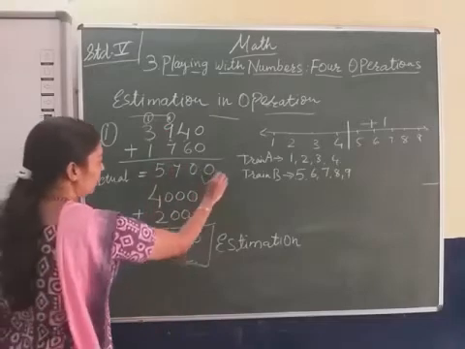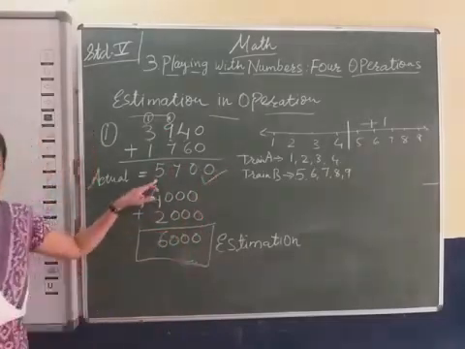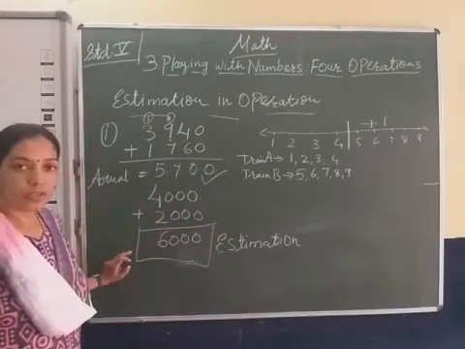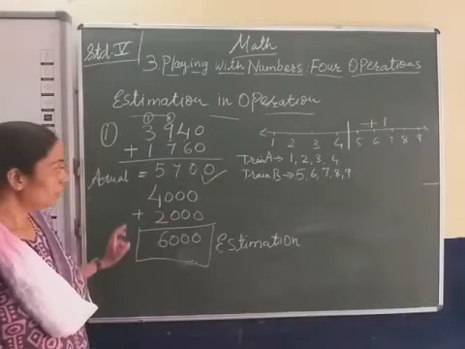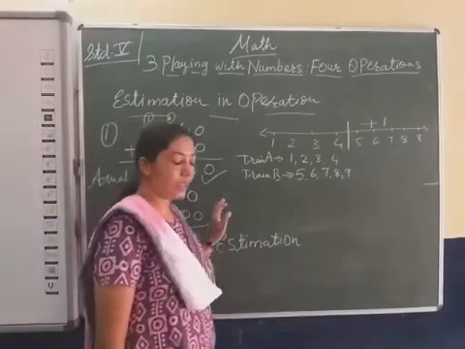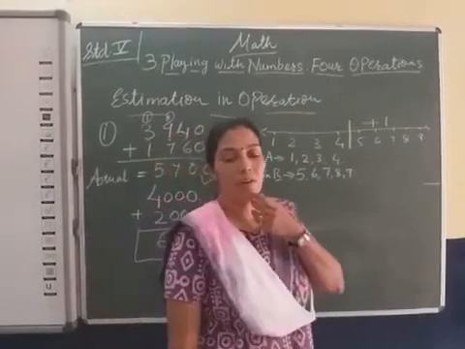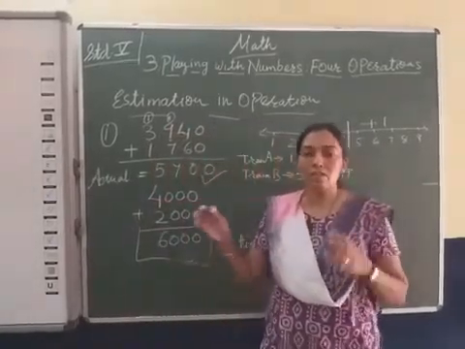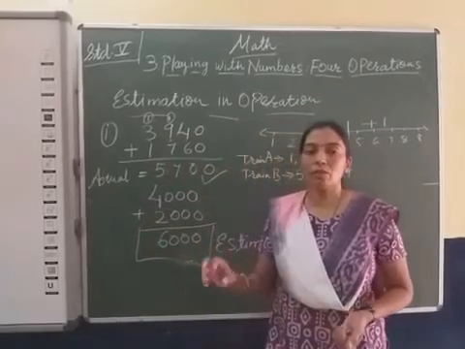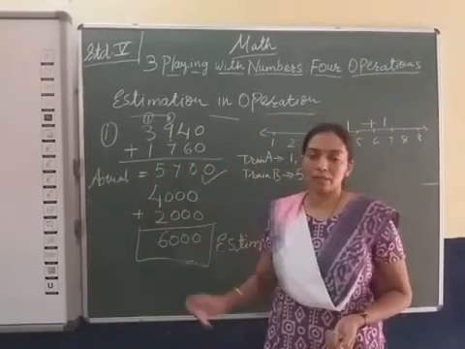So the actual figure is 5700 and we estimated 6000. So the difference is 300. Yes. So this technique is for your day-to-day life, where we just use assumption, but always you have to focus on the actual method.